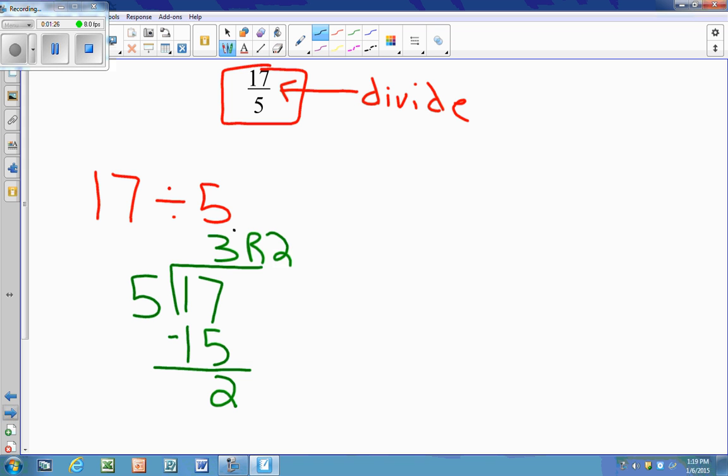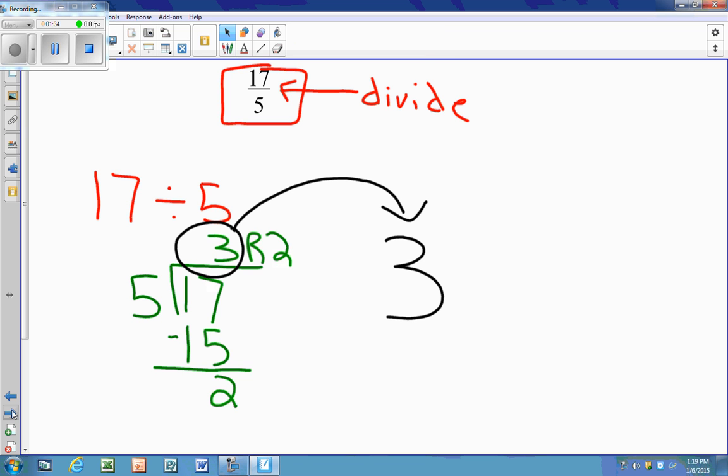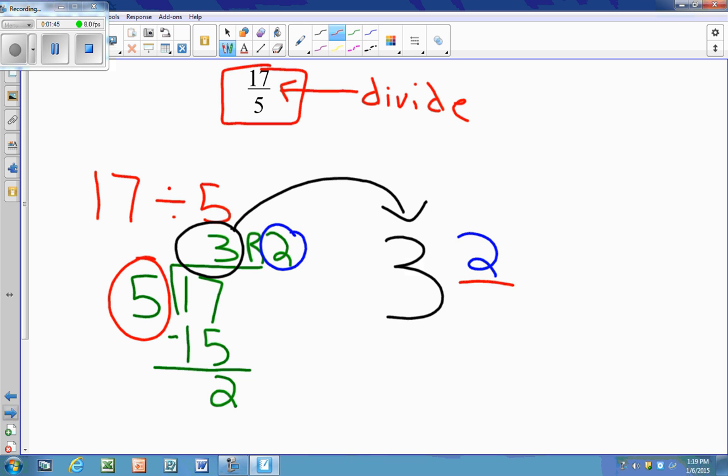So it went in 3 whole times. So that is my whole number. What was left over? My remainder. I had a remainder of 2 out of the 5 that I'm dividing by. So 17/5 is the same as saying 3 2/5.